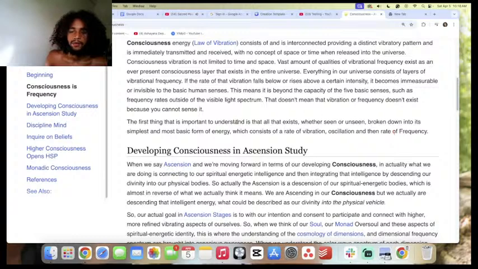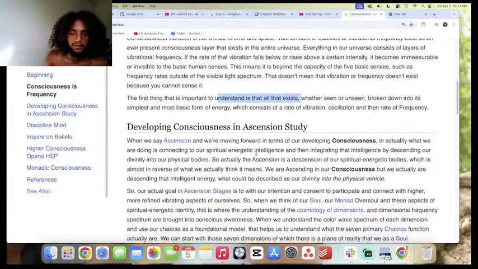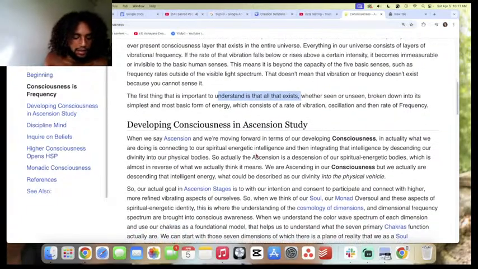Once again, it consists of rates of vibration and oscillation, like they said. So everything just consists of frequency, is what they want y'all to understand.